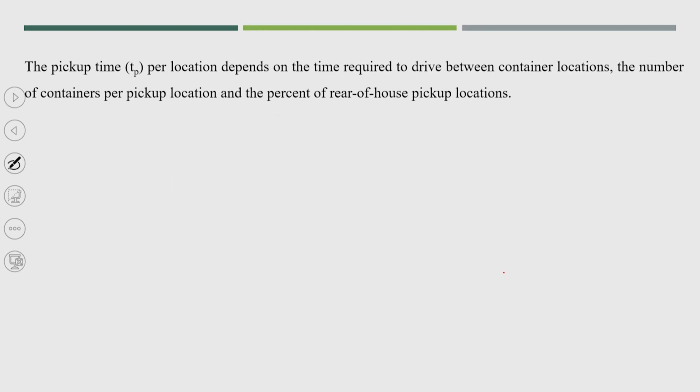Now, the TP, the pickup time per location, depends on the time required to drive between container locations, that is DBC, the number of containers per pickup location, and the percent of rear of house pickup locations.